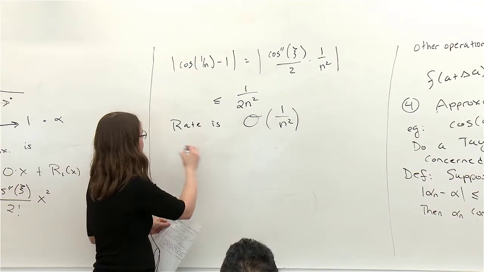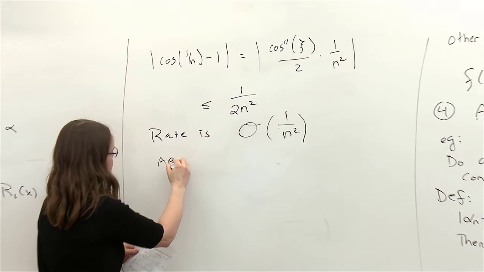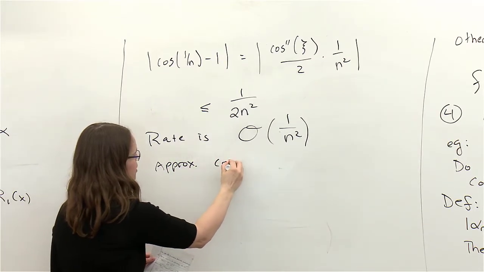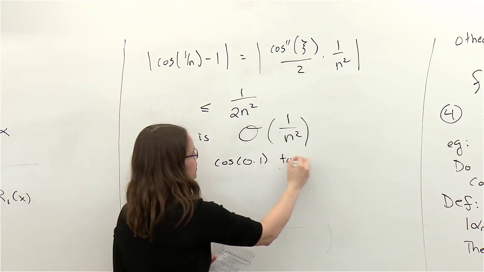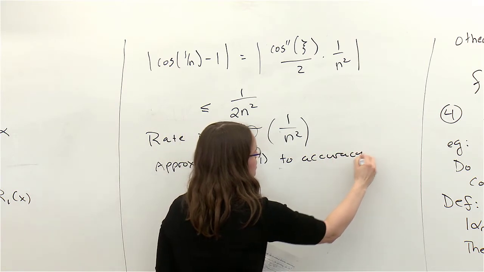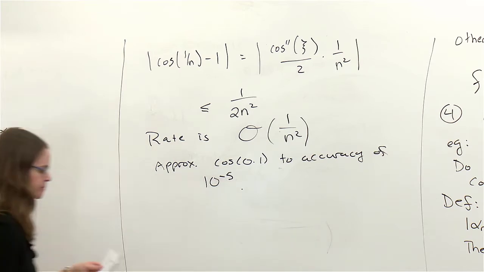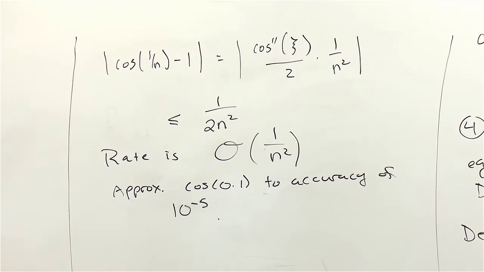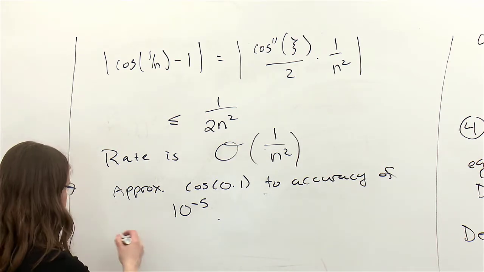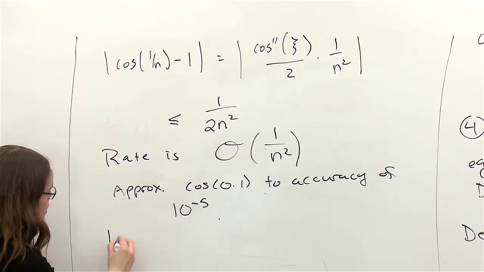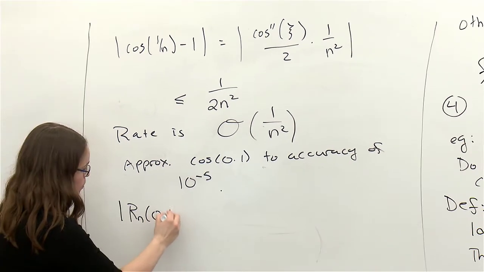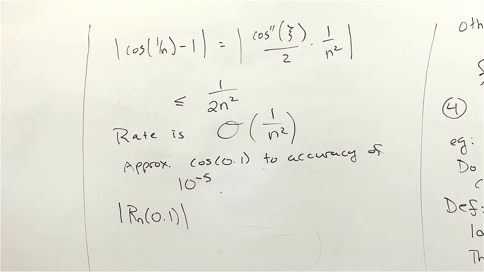All right, so say I want to approximate, let's go back to cosine of 0.1 to an accuracy of, say, 10 to the minus 5. Well, I know that if I use n terms in my Taylor series, I can write down the remainder.